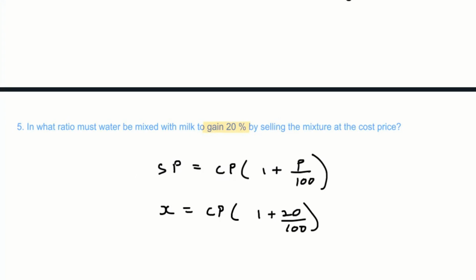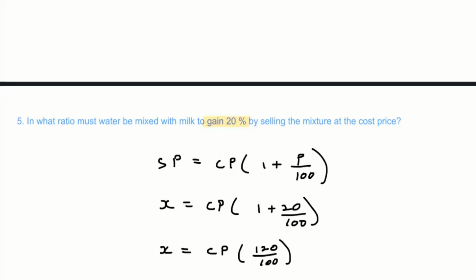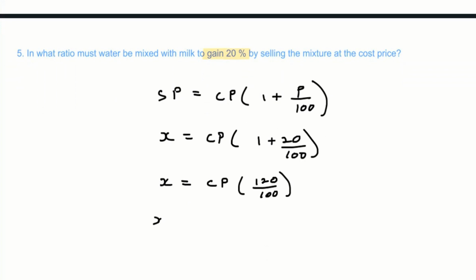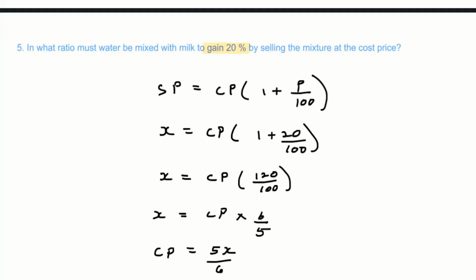So X is equal to cost price into 120 by 100, so X is equal to cost price into 6 by 5, or I can write cost price is equal to 5 times X by 6.